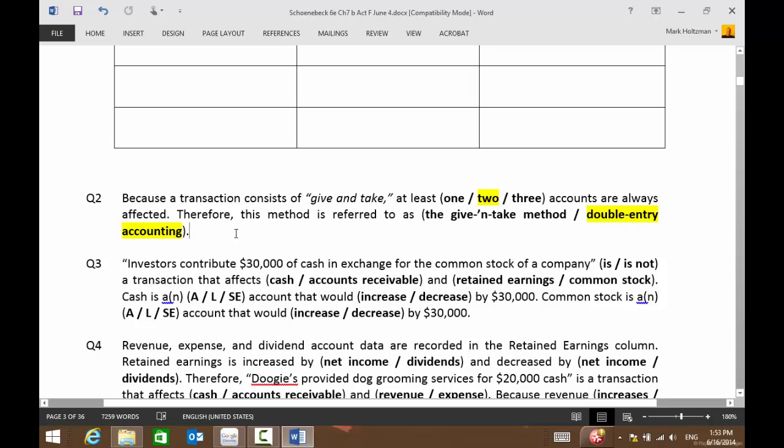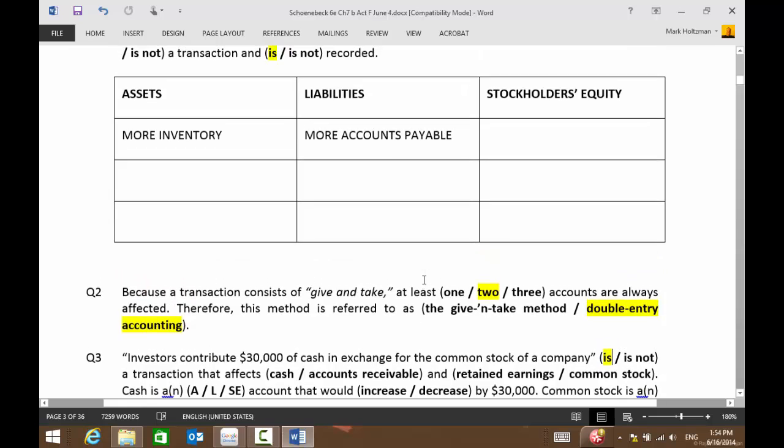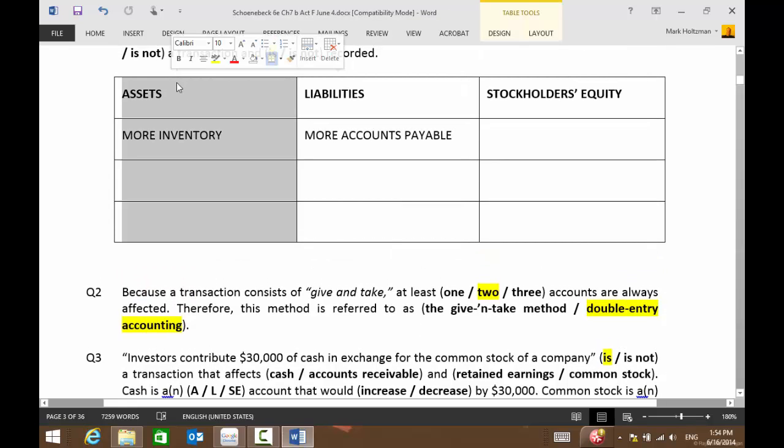Investors contribute $30,000 in cash in exchange for common stock. Is that a transaction? It is. What accounts are affected? Well, don't even look at this. What accounts are going to be affected when investors contribute $30,000 of cash to buy common stock?